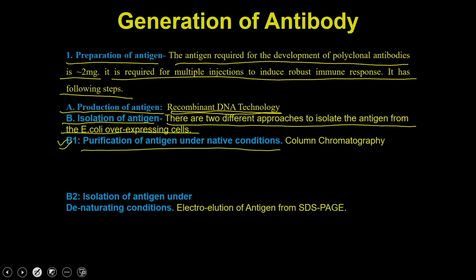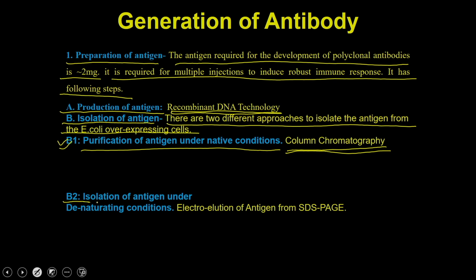One is the purification of the antigen under native conditions, where you overexpress the antigen in E. coli cells, and then you perform different types of column chromatography to purify the antigens. Under these conditions the antigen is going to be functionally active, and that can be used for immunizations.